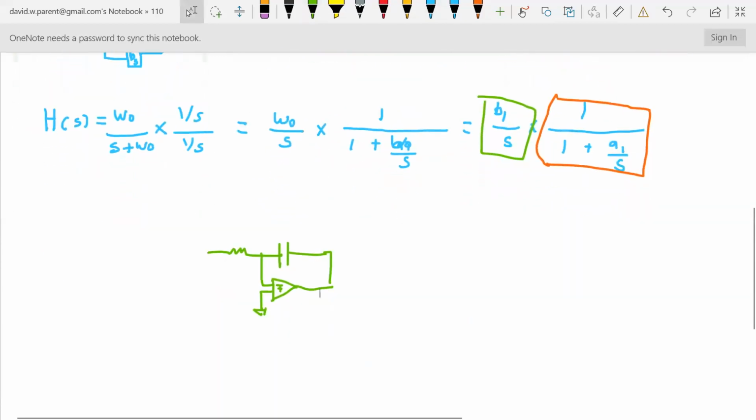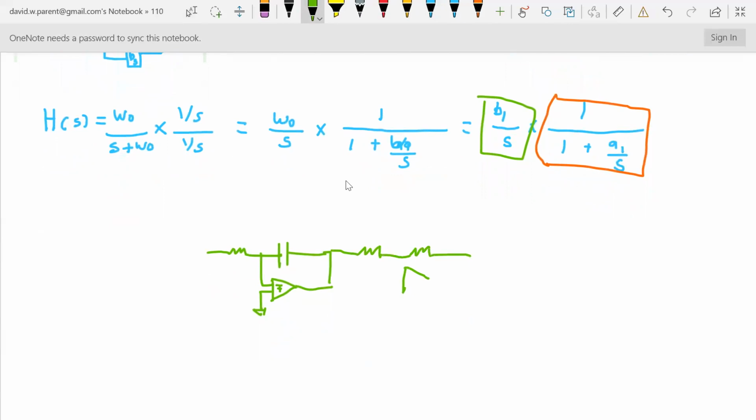Now, there's more than one way to go about it, but not only that, this is inverting. So what I have to do is add an op-amp here, and now I can call that out.